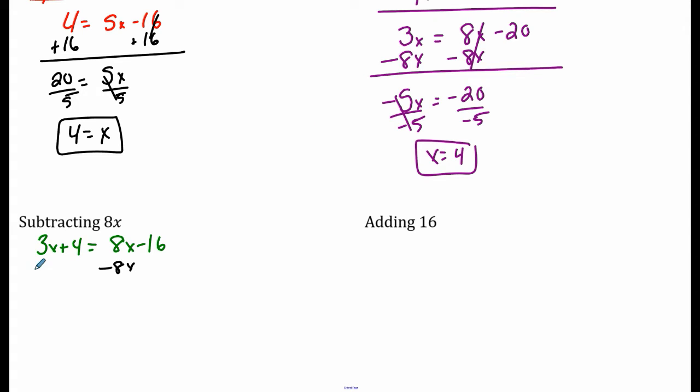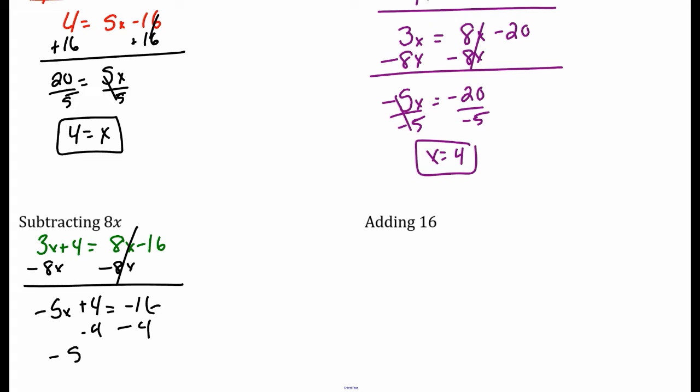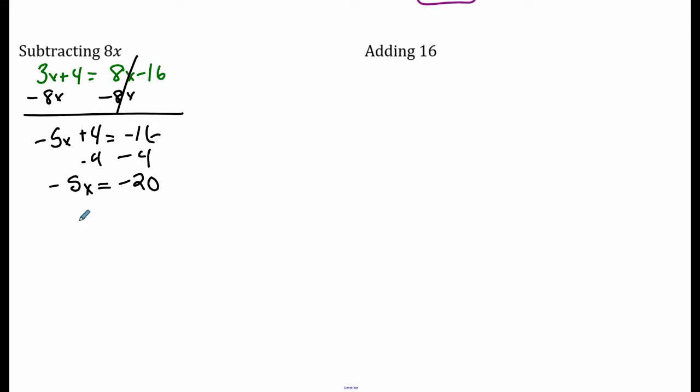So let's subtract 8x. Let's move my variables over to this left-hand side. Negative 5x plus 4 equals negative 16. I'm going to subtract 4, because this is a nice two-step equation now. And we appear to be always ending at this point of x equals 4 once I divide by negative 5.